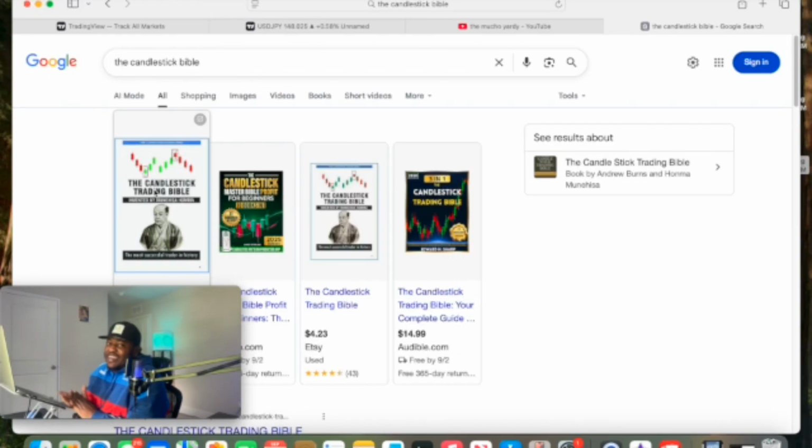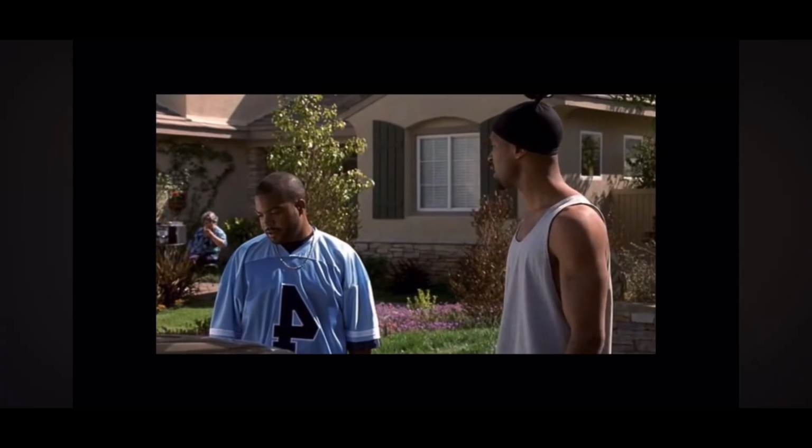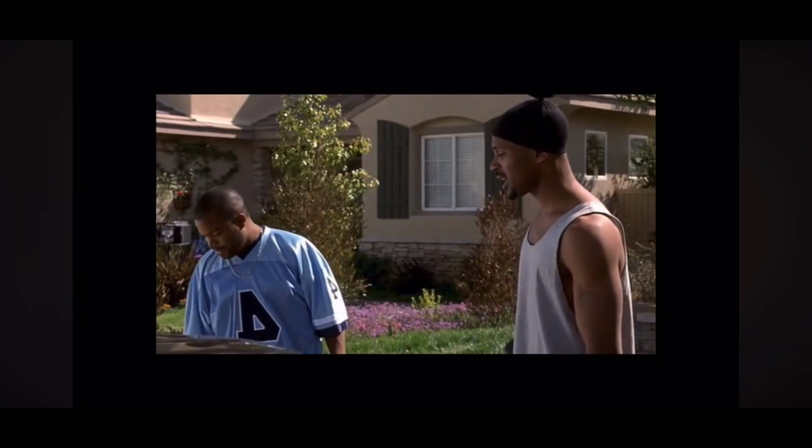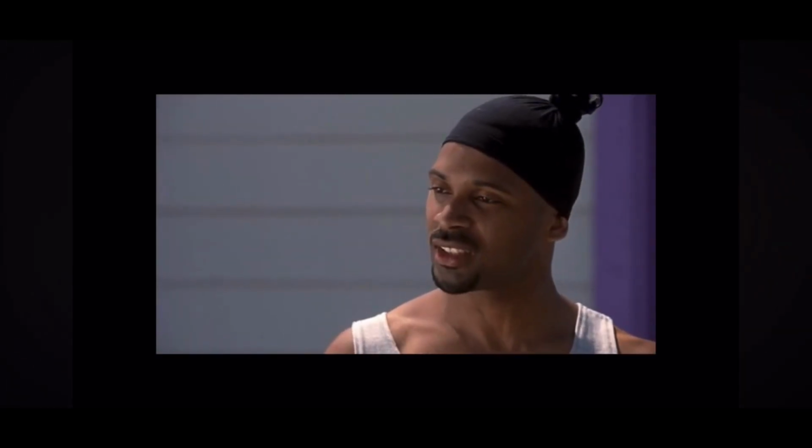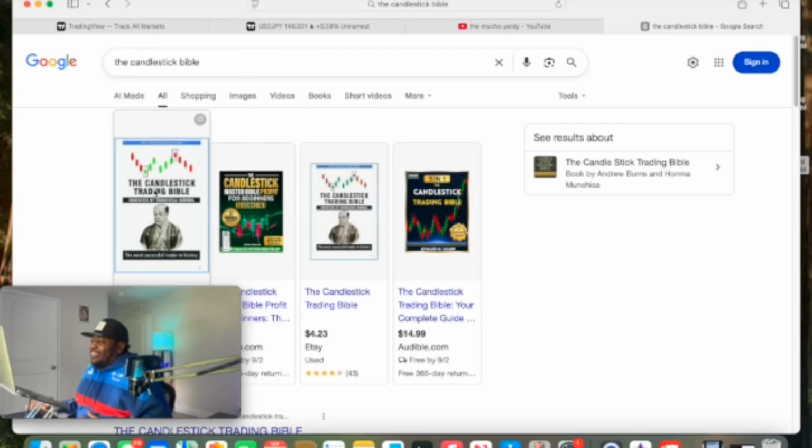This book made my trading game go up. You watch Next Friday, when Mike Epps says he got the BMW and his game went up, he started getting more girls. Went from here way up there. That's how my trading game stepped up once I read this book.